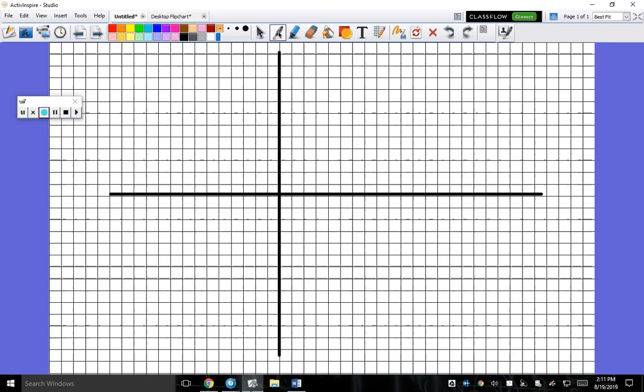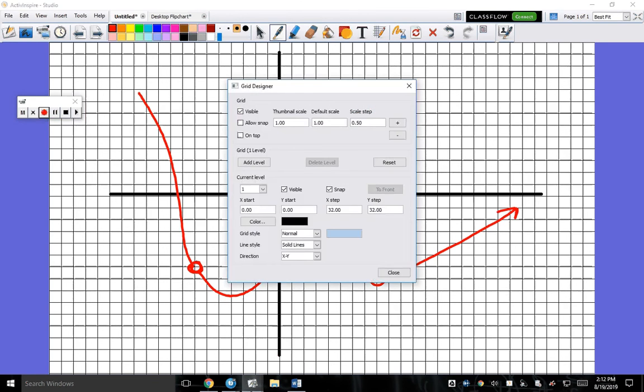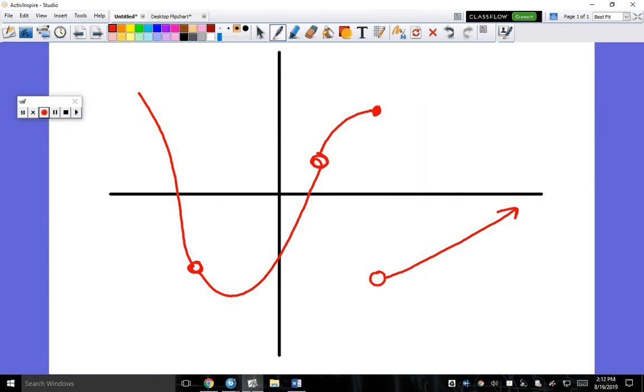And we'll say that the graph looks like this: open, open, closed, open, like that. Alright. Let's give some of these values.